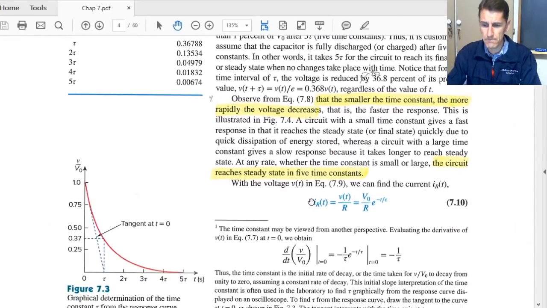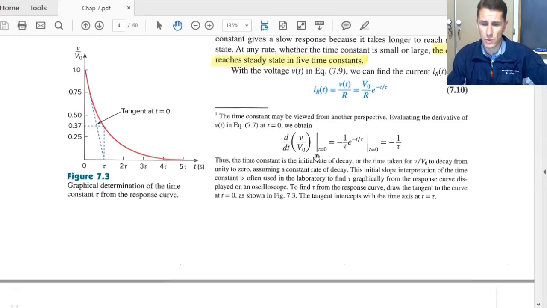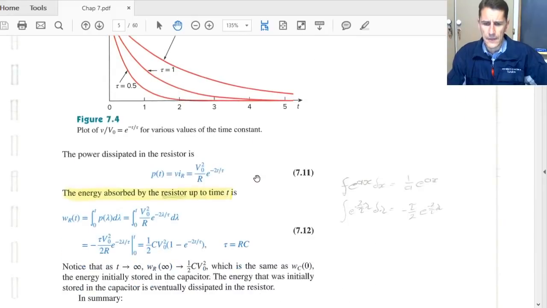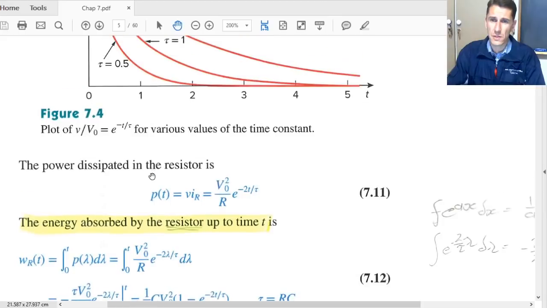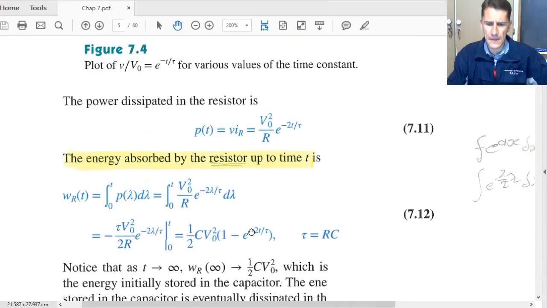At the bottom there we go. With the voltage known, we can get an equation for the current. That's just Ohm's law that they apply there, and then they calculate the power dissipated in the resistor. That's just v equals iR, or v squared over R. And then the energy absorbed by the resistor up to time t.